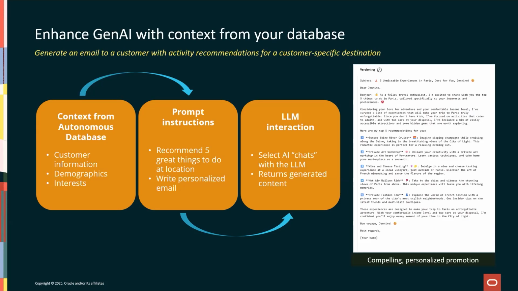We might have another table with various tasks or prompt instructions, like recommend 5 great things to do at a location. We can construct our prompt to generate a personalized email. Finally, we submit that prompt to the LLM using the SelectAI chat action to get a compelling personalized promotion, complete with emojis.